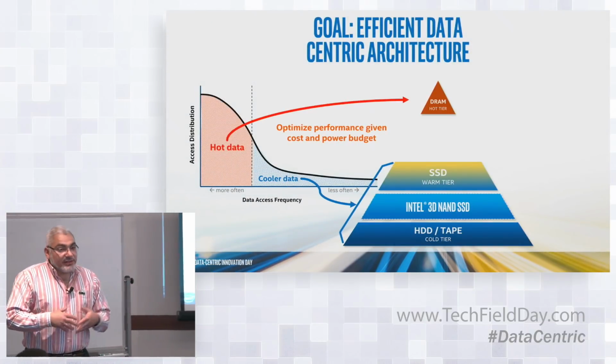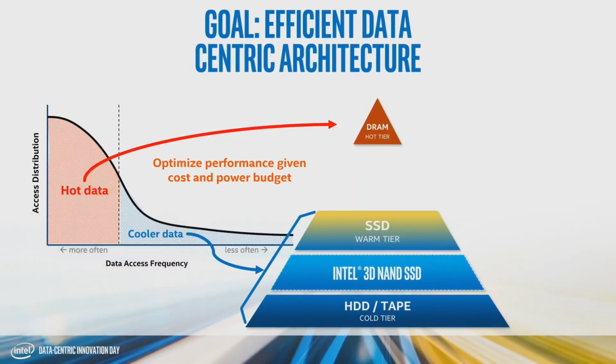If you look at any data set that you would have, you can usually divide it into two different sections. Usually it's different shades of gray, but you will have a hotter portion of the data, a portion that gets accessed more frequently, and cooler portions of the data, portions that do not get accessed that frequently.